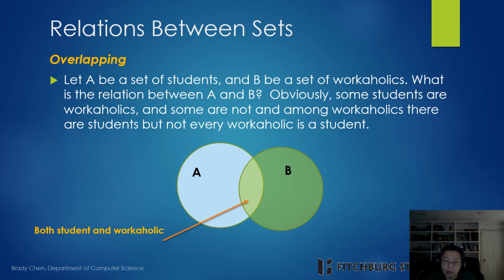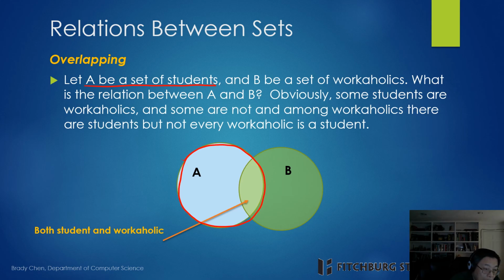Now let's take a look at an example. Again, let A be a set of students. And now let's define another set, B. B is a set of workaholics. What is the relation between A and B?